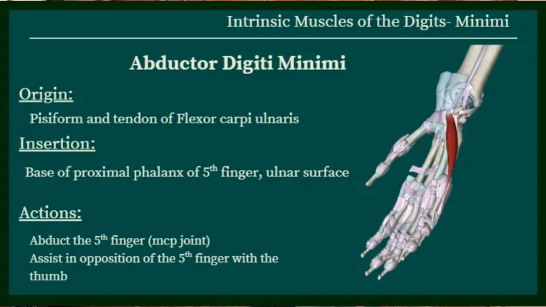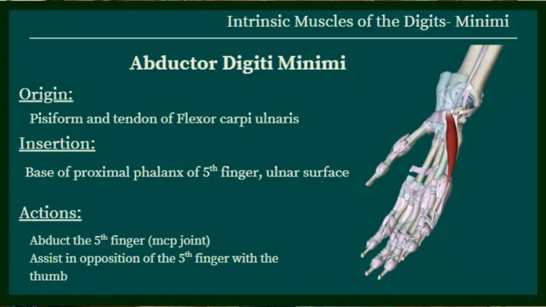Can you do that? How strong is your abductor digiti minimi? So it attaches at the pisiform and flexor carpi ulnaris. So the tendon of the flexor carpi ulnaris is over here in this area, right? It attaches up here, comes up. Anyway, flexor carpi ulnaris attaches here, and that's between the pisiform to stabilize it.